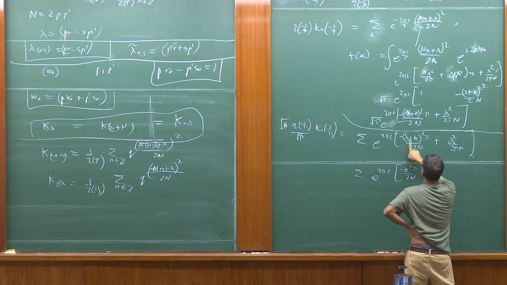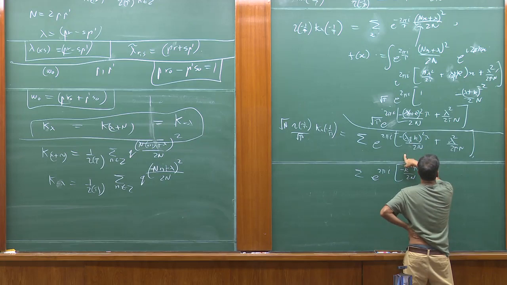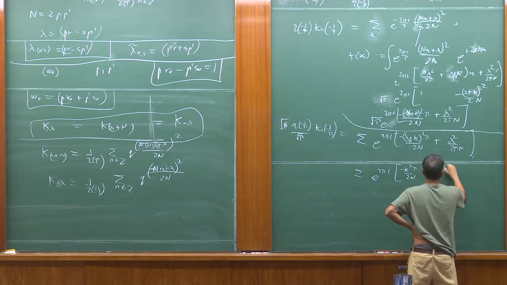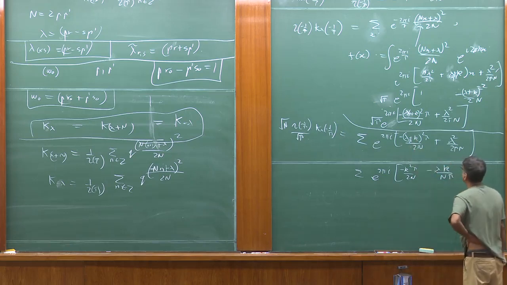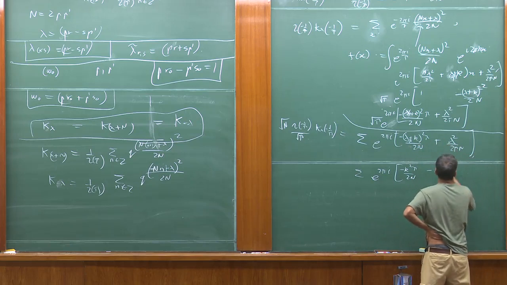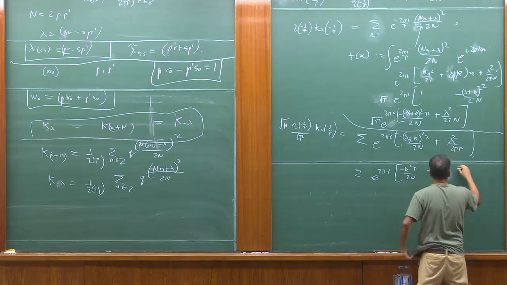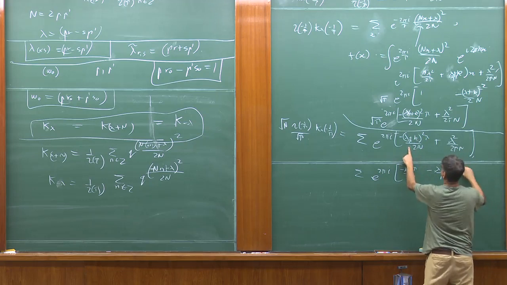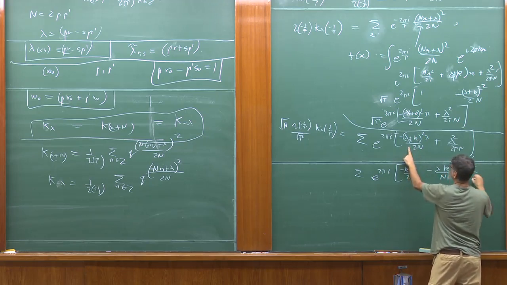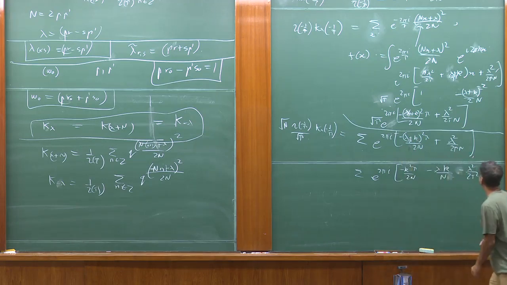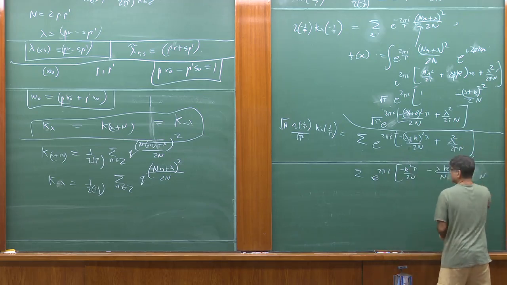Then minus lambda k by n. Then minus lambda squared by 2 tau n, and that cancels this. Okay, so at least we get the same answer that they get.